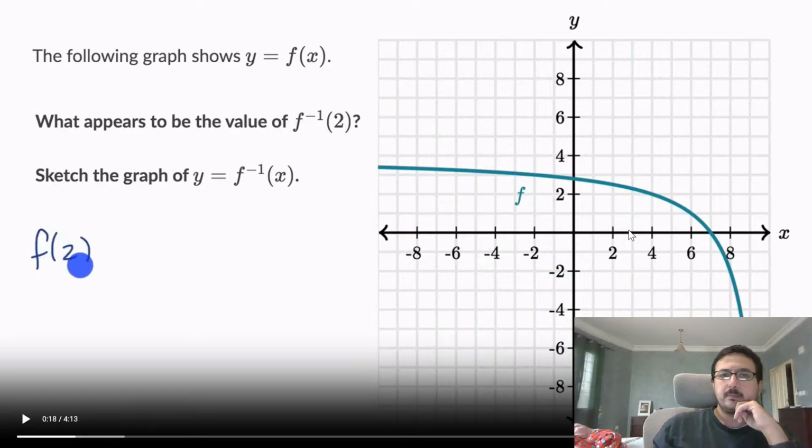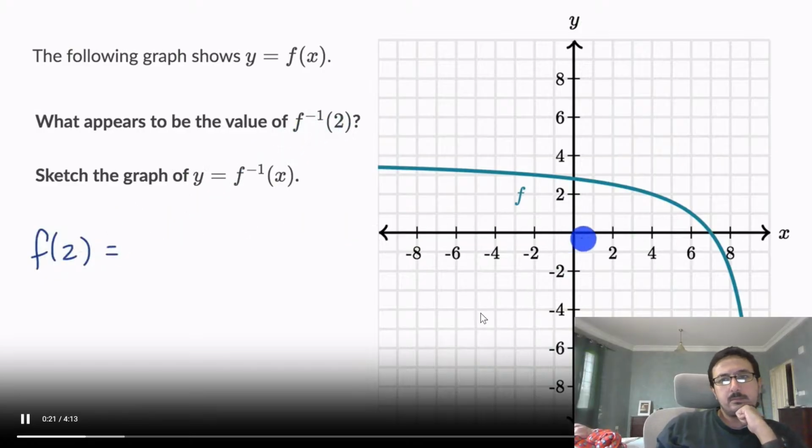So 5 gives me 2, 2 gives me 5. They're asking us f inverse of 2.